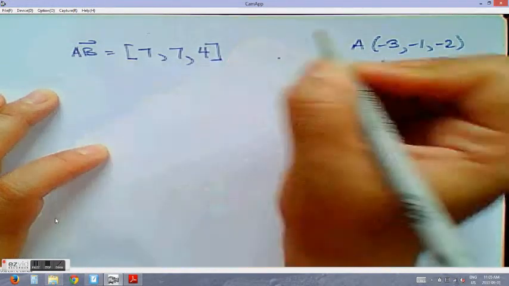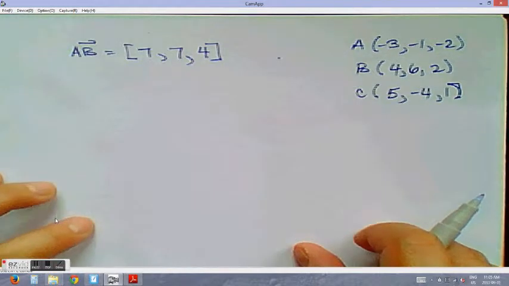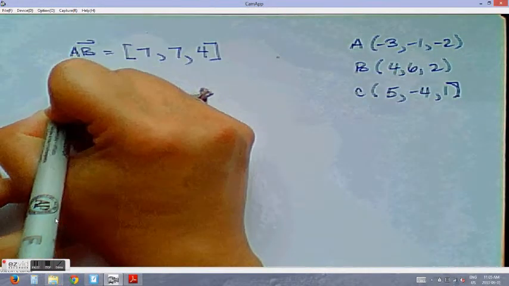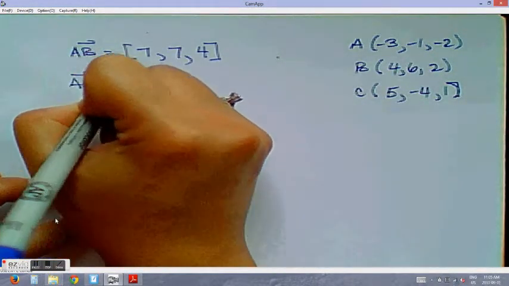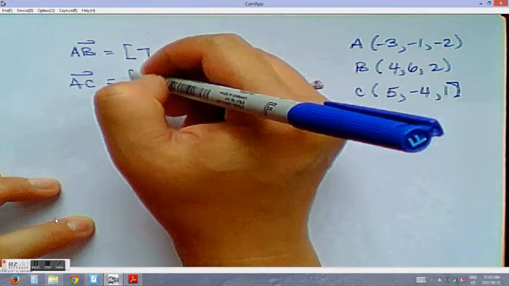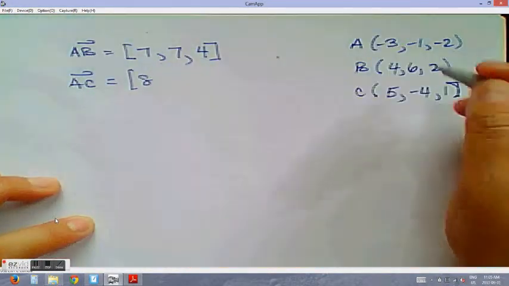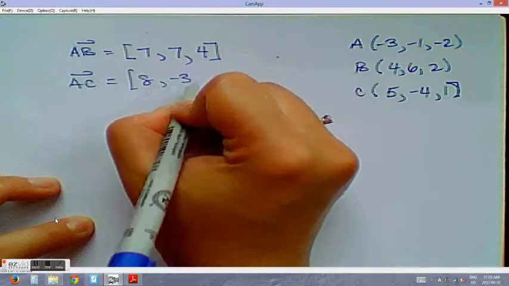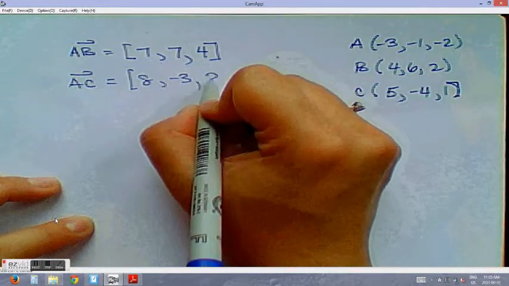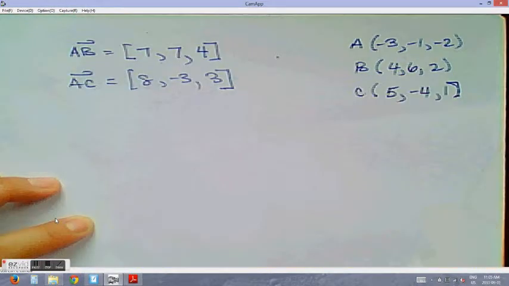So AB is a vector on our plane. Then we'll do AC: 8, -3, and 3. So AC is also a vector on the plane.